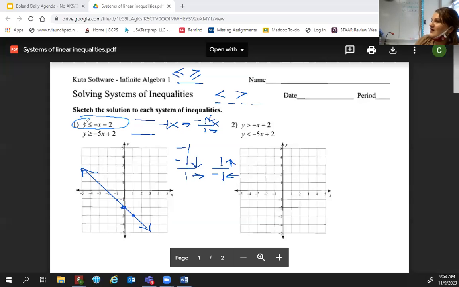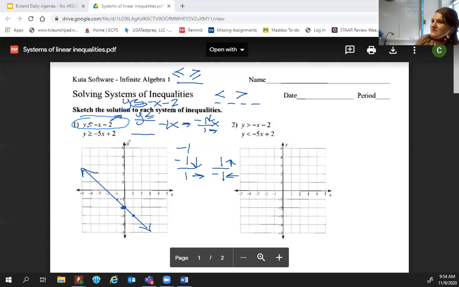Since it's an inequality sign, I have to look at it and say, is y less than or is y greater than the line? If the arrow is pointed to the y, like as it is in this equation, see, look, the arrow is pointed to the y, or you can look at it like the inequality sign is eating the y, and that means y is less than.